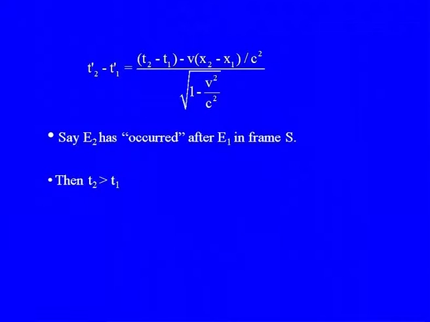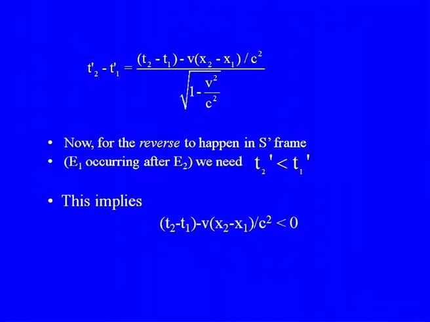Now let us say event 2 has occurred later than event 1 in frame S. So obviously t2 minus t1 is positive. For the reverse to happen in the S prime frame, we have t2 minus t1 positive in S, but t2 prime minus t1 prime not positive.